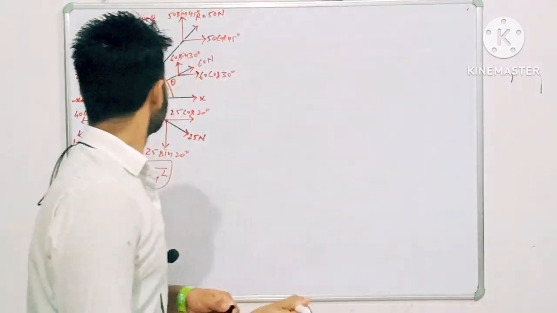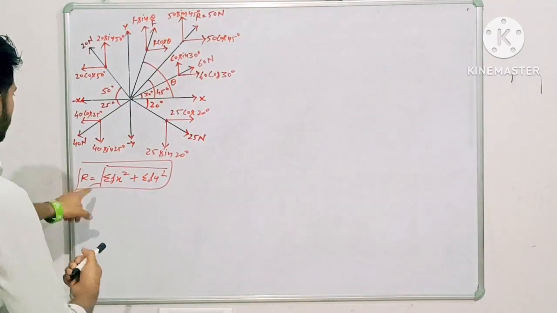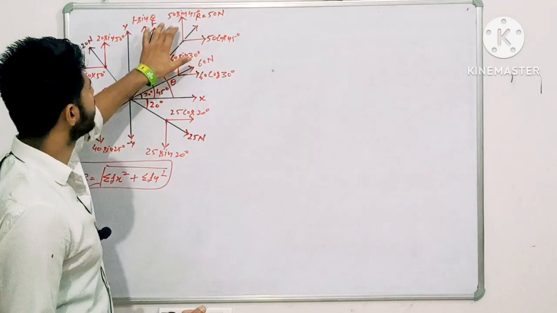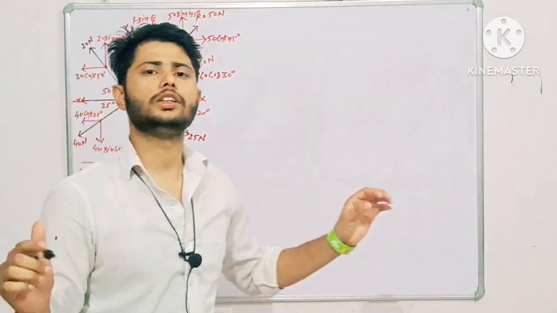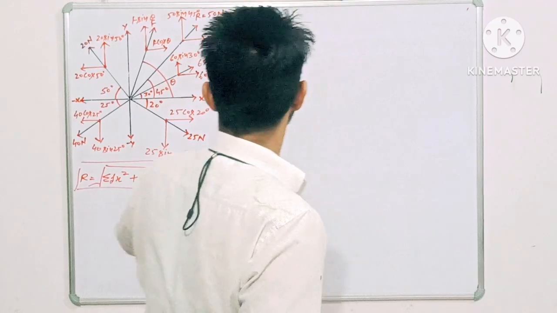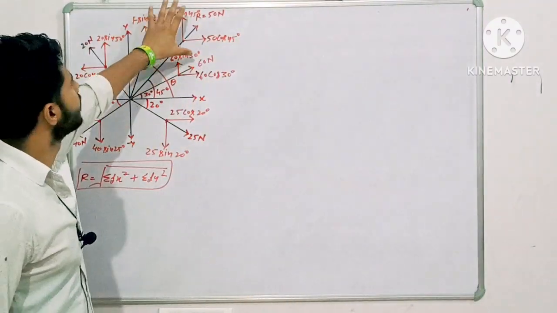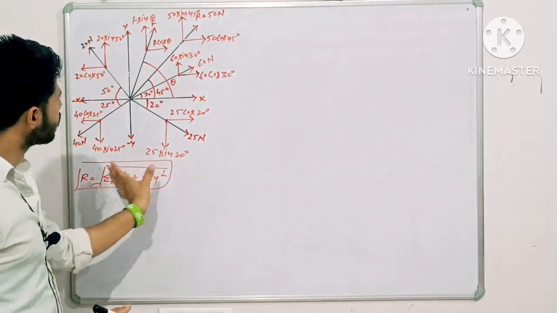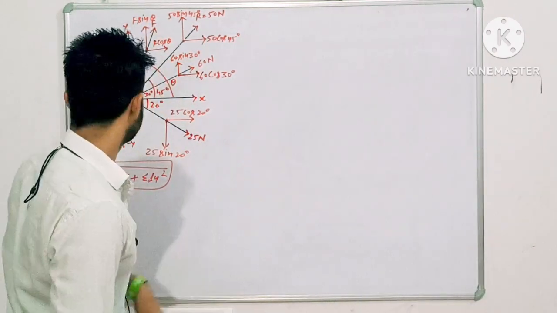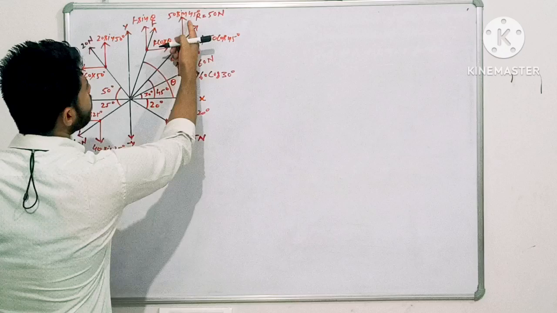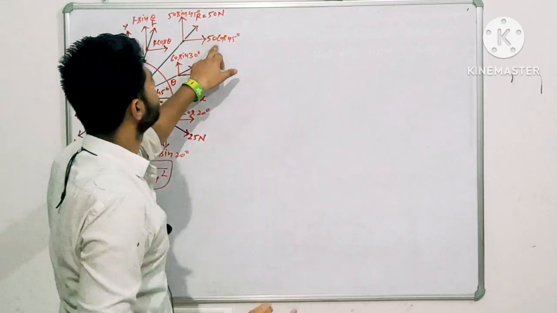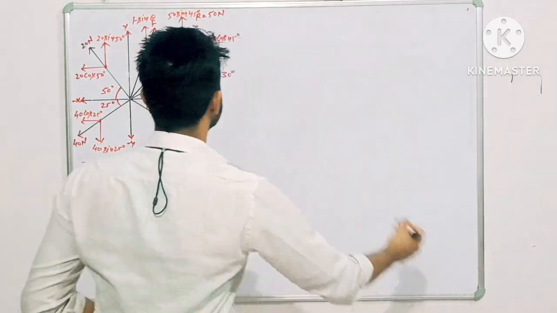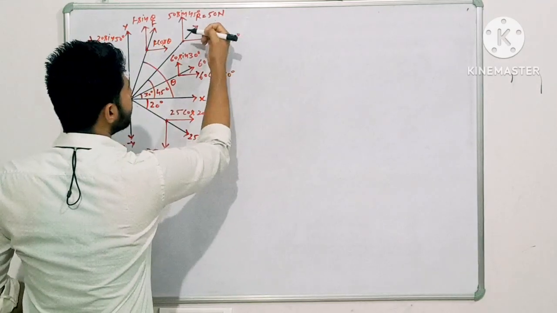The resultant has already been given, so the summation of all these horizontal forces will be equal to 50 cos 45 degrees, because the summation of Fx is already given.